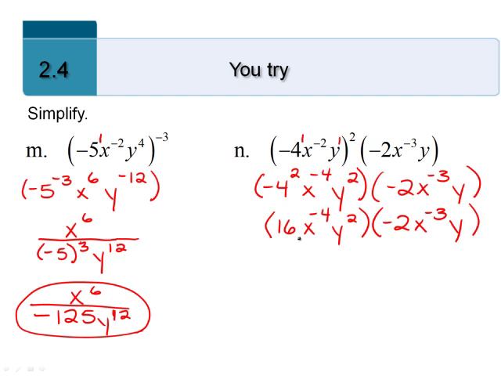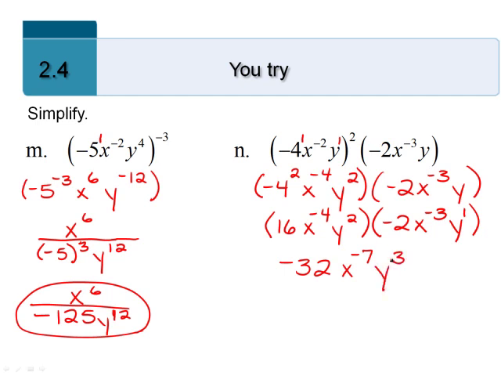So the first thing you do is multiply your coefficients. 16 times negative 2 is negative 32. Now remember, when you multiply, you add your exponents. So be careful. We're going to add negative 4 plus negative 3 gives me negative 7. Okay? And on the y's, 2 plus 1 gives me y to the third.